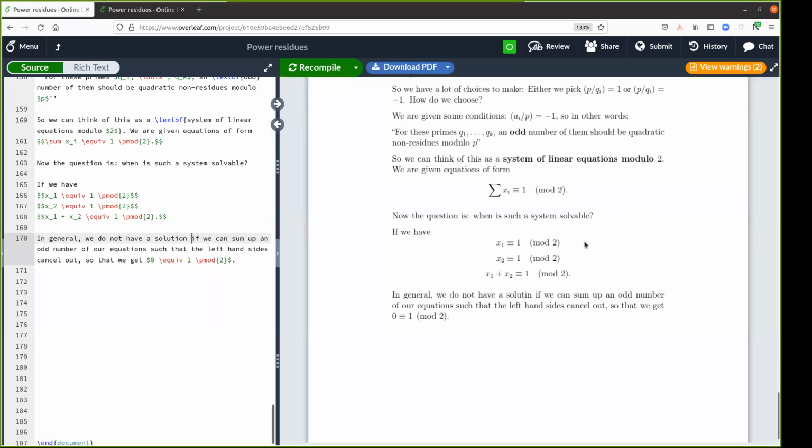The general case is that we don't have a solution if we can take an odd number of our equations and sum them up to get a contradiction. So in this case, we take all of the equations, sum them up, and the left-hand side is 2 times x1 plus 2 times x2, which is of course 0 modulo 2, but the right-hand side is 1 modulo 2. And that's a contradiction.